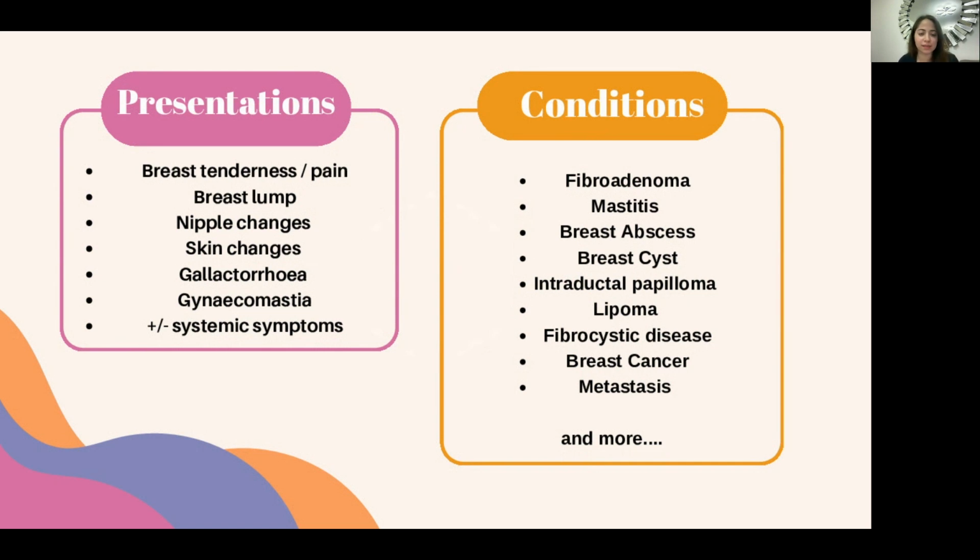And then there are the systemic symptoms that come with all these presentations. Those are the lists of conditions that we'll go over. Obviously there are a lot more conditions that we could cover, but for the UKMLA exam, I've gone over what they've mentioned in the content map and what comes up more commonly, so you're more prepared for that.